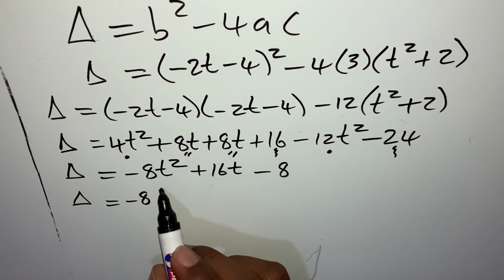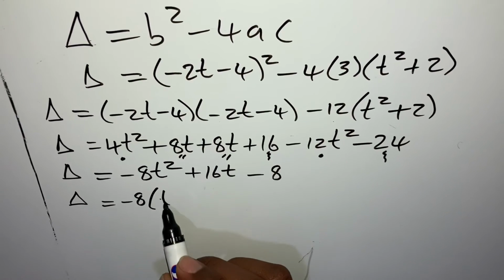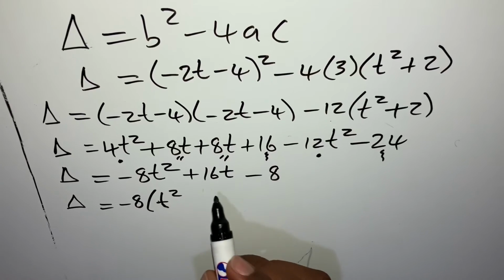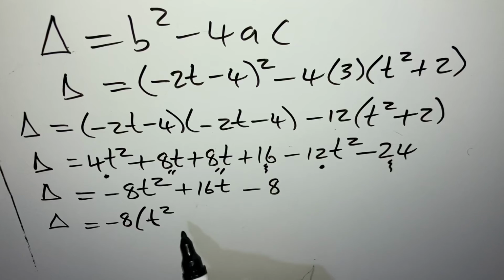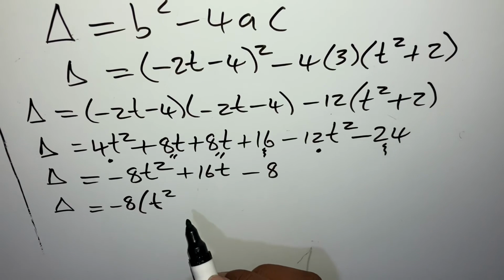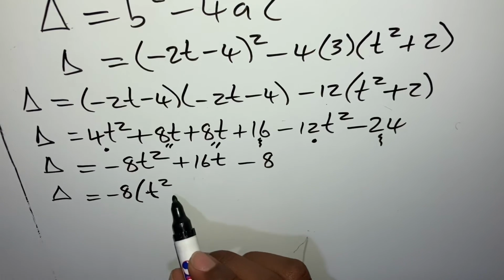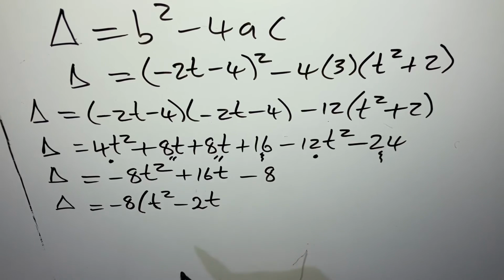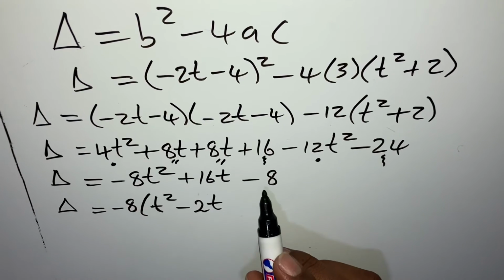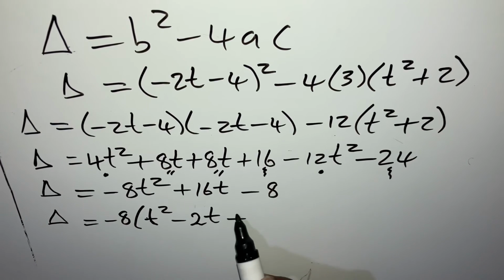When I take out a negative 8, here I'll remain with a t squared. I take out a negative 8, here I'll remain with a minus 2t. When I take out a negative 8 here, I'll remain with a plus 1.